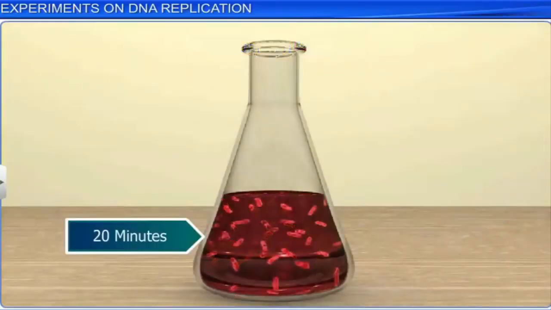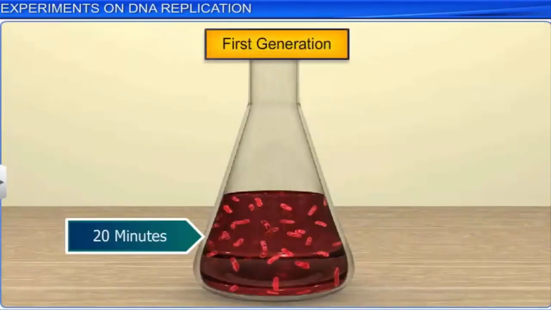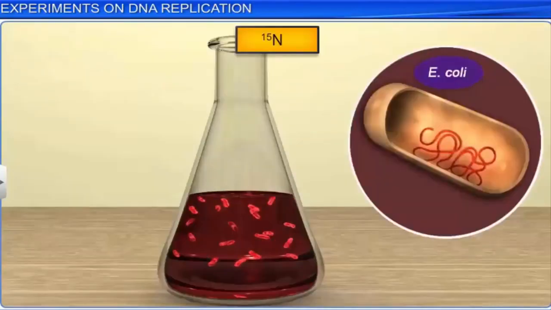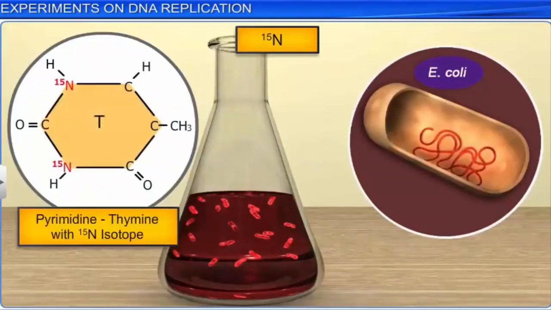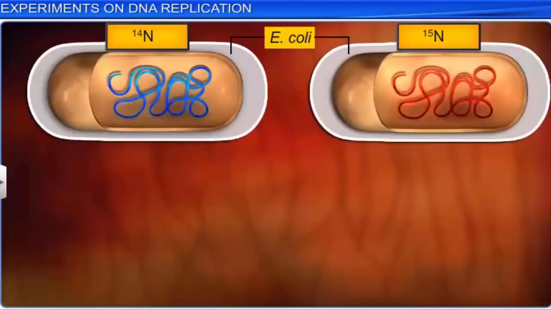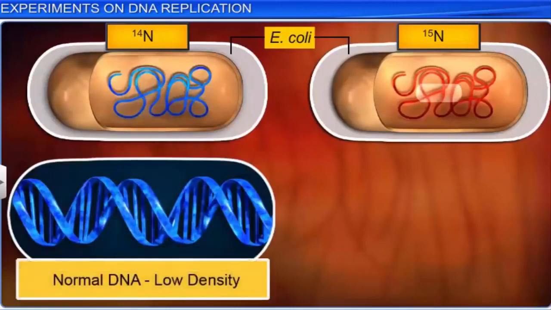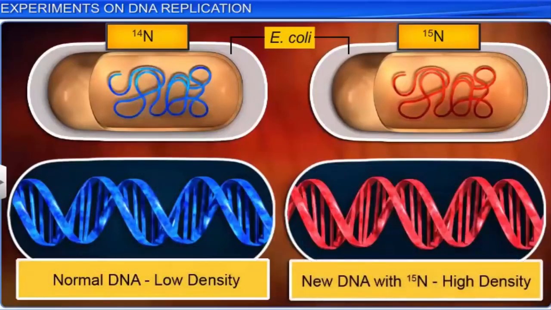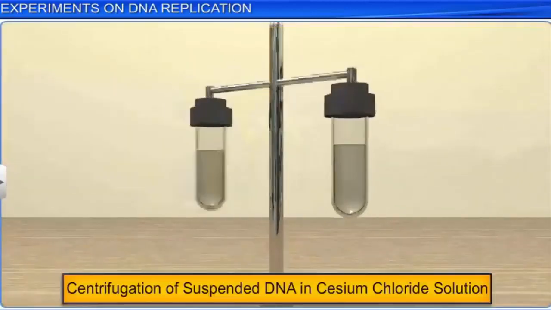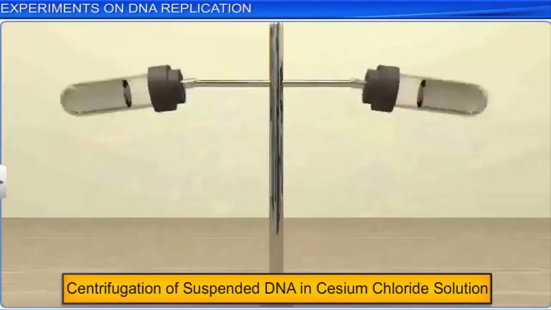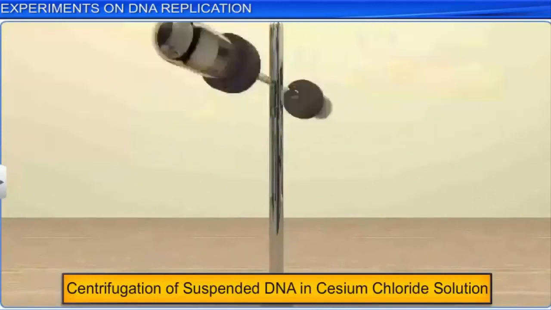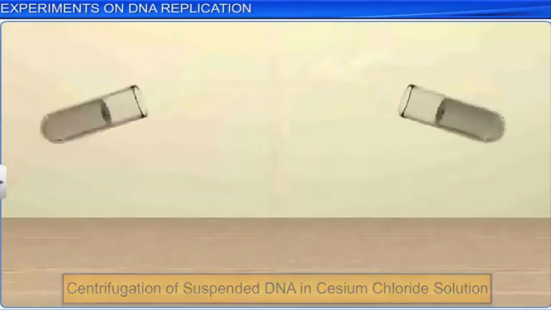Many generations of E. coli were bred in the same medium, which was not too hard to achieve since a new E. coli generation arrived every 20 minutes. As a result, newly synthesized DNA too had the N15 isotope as a constituent of purines and pyrimidines. This new heavy DNA molecule was distinguished from normal DNA by virtue of its high density while being extracted via centrifugation in a cesium chloride or CsCl density gradient.